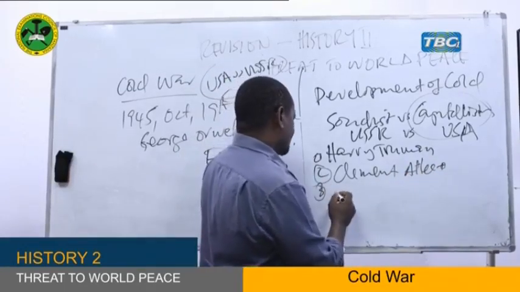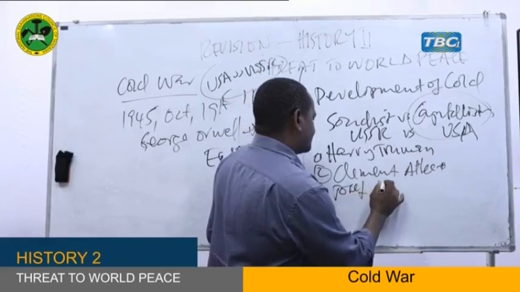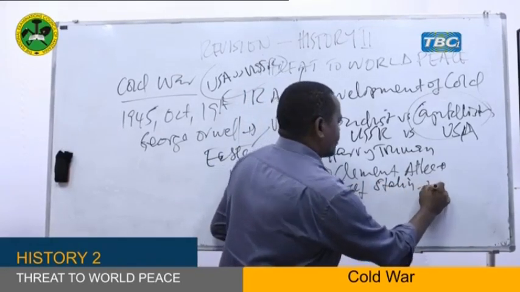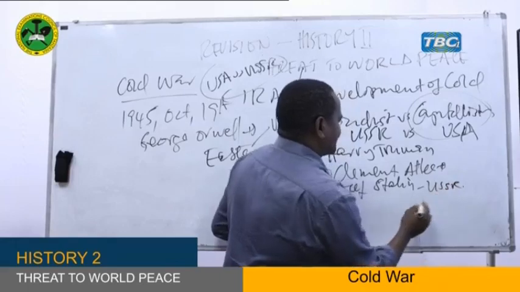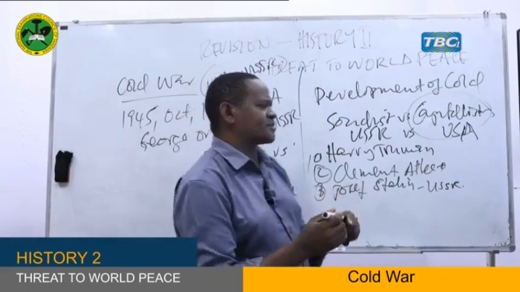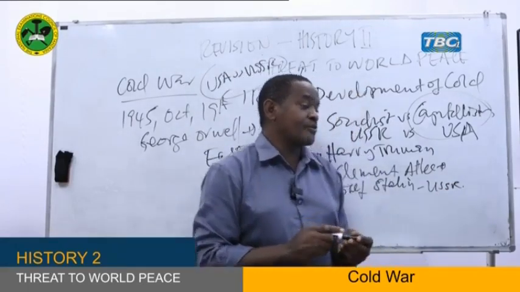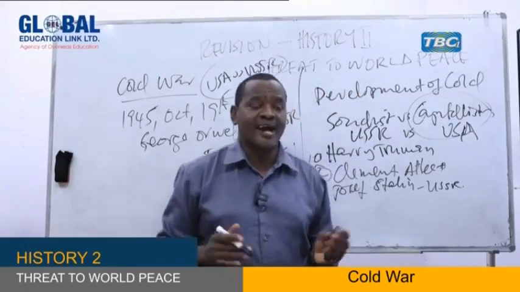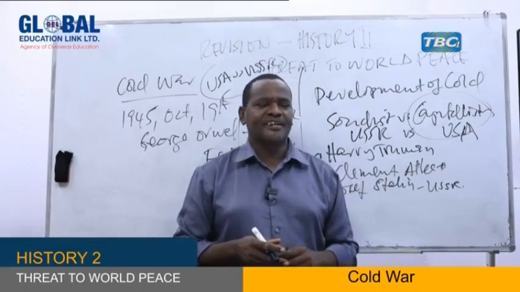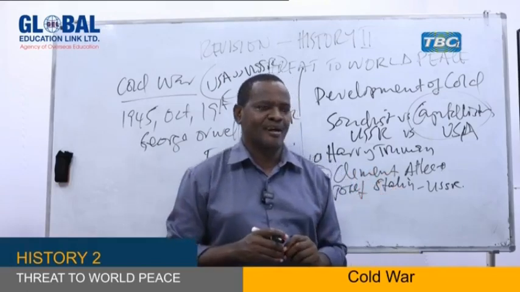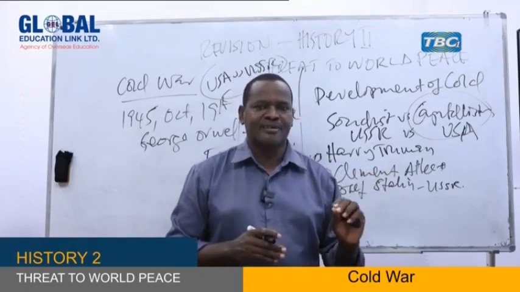And the third was Joseph Stalin of USSR. So you can see, my students, these three leaders were meeting at the Potsdam Conference. And remember, they were meeting because they were allies during the Second World War, fighting against the Axis power, made up of Germany, Italy, and Japan.